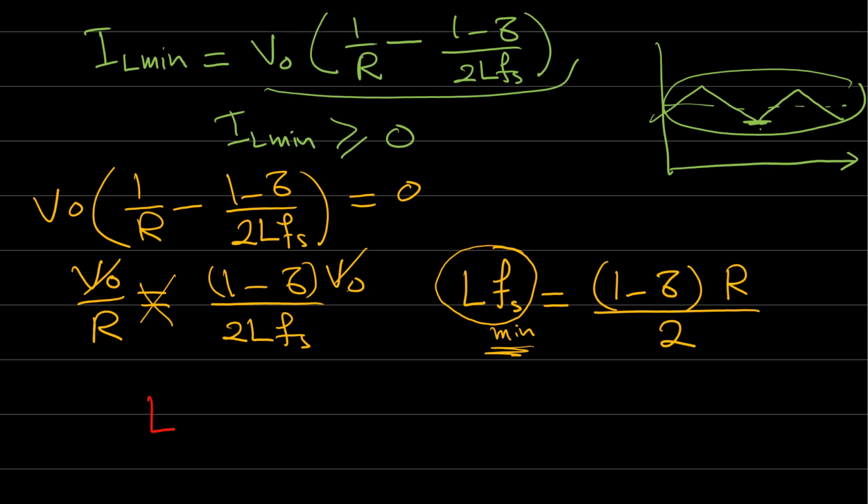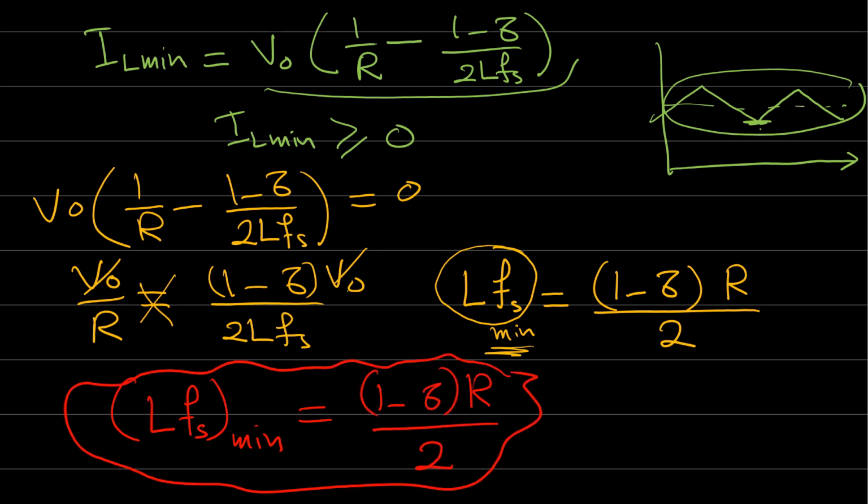So here, the inductor times the switching frequency, the minimum value for this must be 1 minus delta times R over 2. And this is the minimum value for the inductor and the switching frequency to keep the buck converter in the continuous conduction mode, or at least at the margin between the continuous conduction mode and the discontinuous conduction mode.